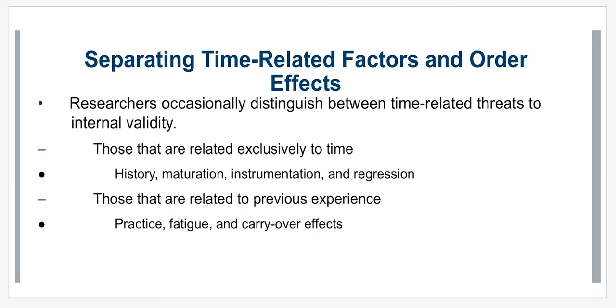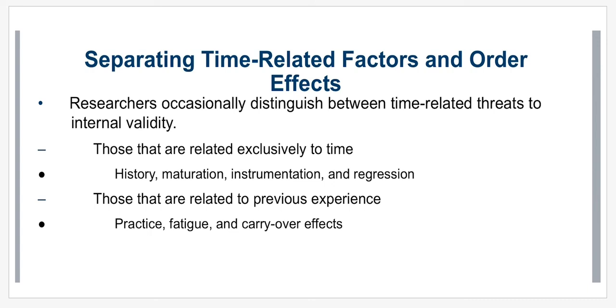Also wanted to remind you that these threats only apply to figure or table 9.1, where it was talking about the 2 different ways you can do within subject experiments. That first part A, where you do several different treatments over time, that's when these threats are going to be an issue.